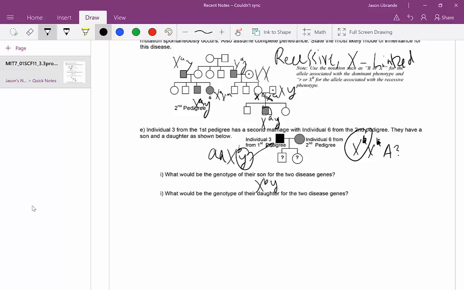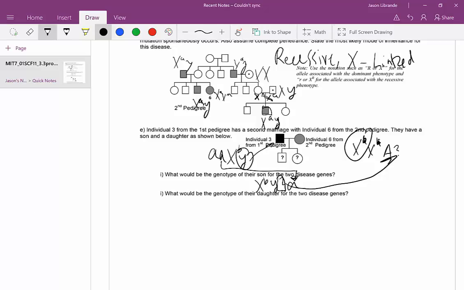And then we know he's at least going to get one recessive allele from his father for the black disease. So again, we're not quite sure what's going on with the mother there.